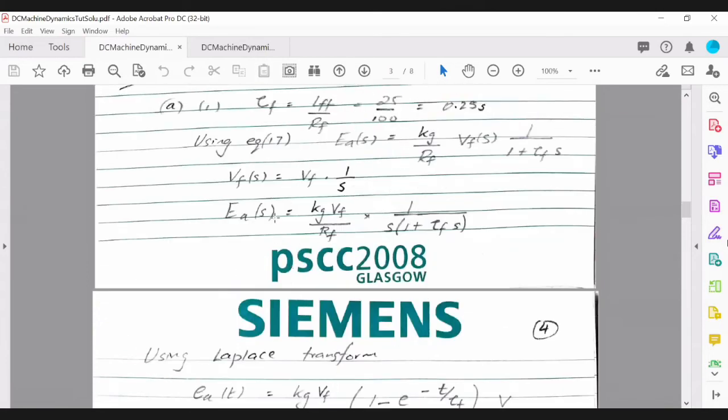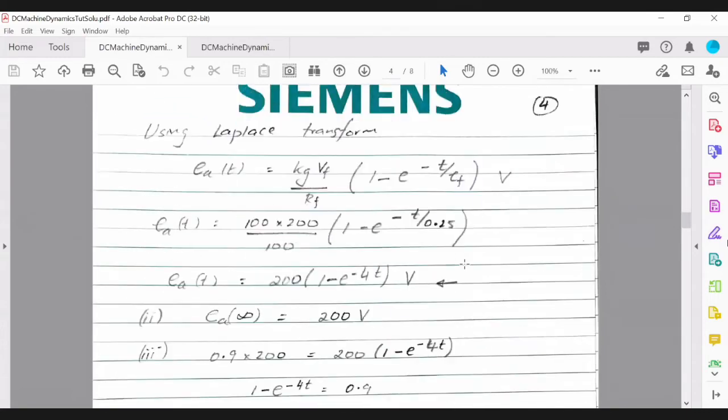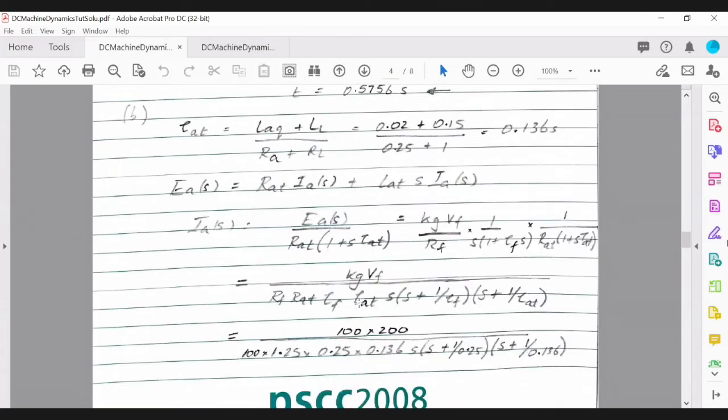So we have EAS, and we got these expressions here, and again here I've basically substituted EAS with that expression, and then you have this term RA times 1 over S tau A. So that section is here. So you end up with this long expression here, which has basically all the constants of the machine times the two time constants, which have been factorized out of those denominators there.